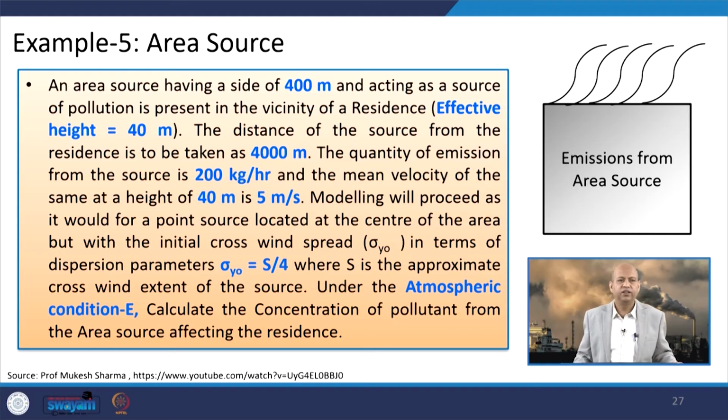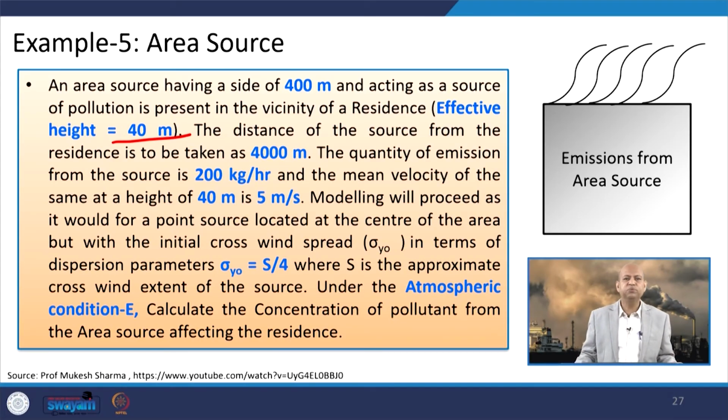In an area source which is having a side of 400 meter, 400 by 400 meter, we assume a square area source, acting as a source of pollutant present in the vicinity of a residence, with an effective height of 40 meter. So, a lot of plumes and emissions are there, and effective stack height we are assuming as 40 meter.